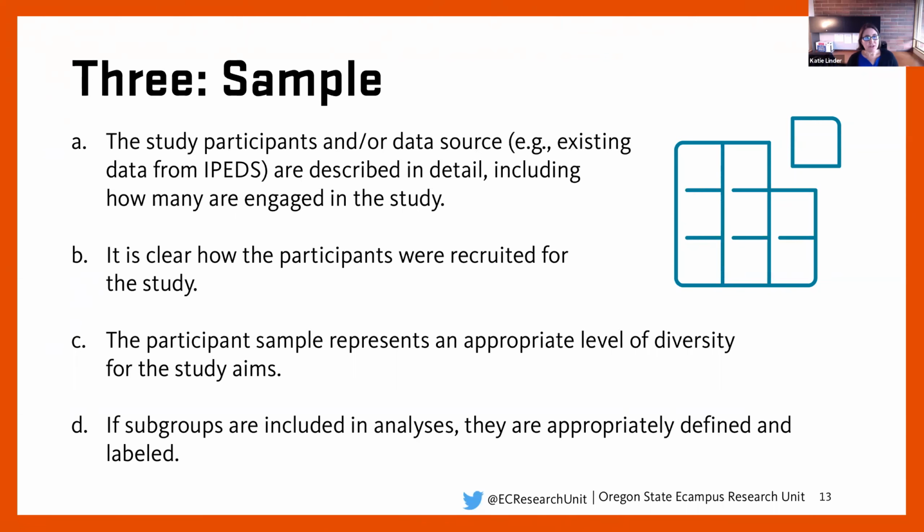So as I've mentioned through all four of these points, if some of this information is missing, you may not be able to understand where the results are coming from or to whom the results are going to apply. And without this information, it's difficult to evaluate whether the study's results are relevant to other populations.